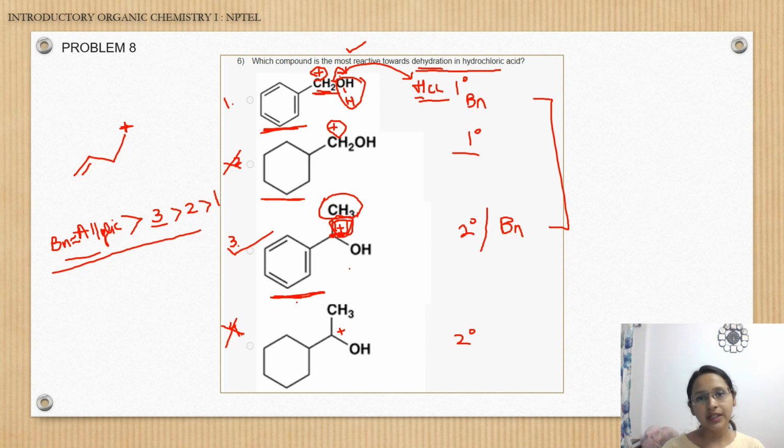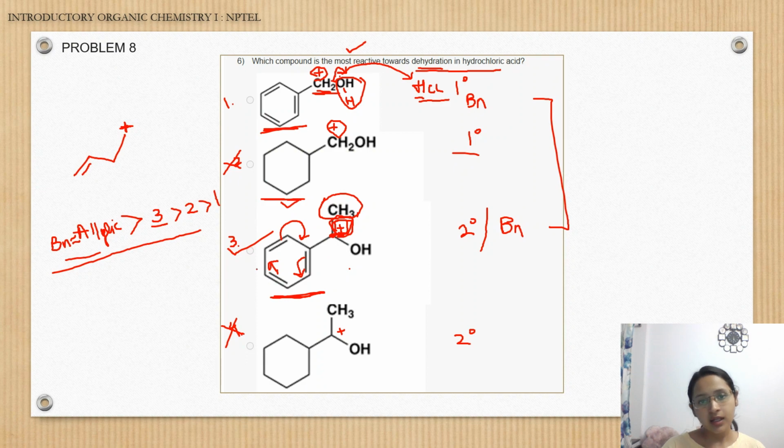Yeah, sp2 hybridized, but the thing is, see here, there is a significant conjugation which is present, and there is an electron delocalization, right? So that is why, due to it having electron density and delocalizing in the system, you can say that it is more electron rich than the phenyl ring.